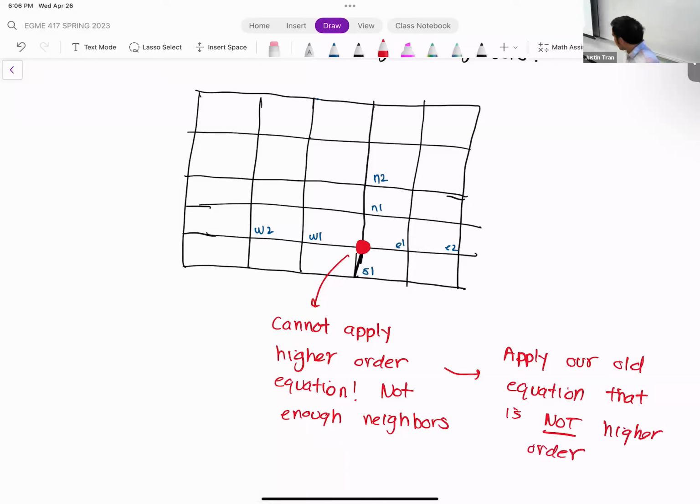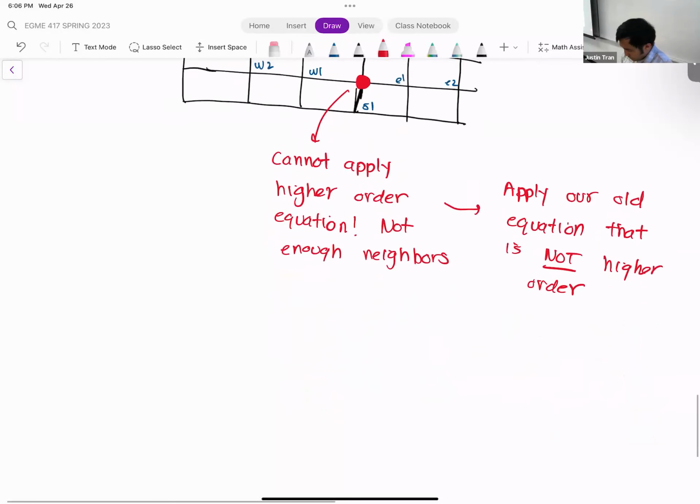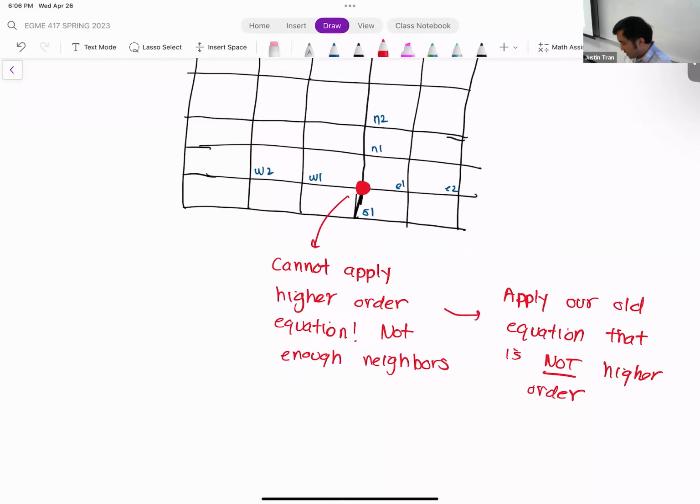So this was our equation that we use good old central difference for. And so it's a little bit of a bummer.